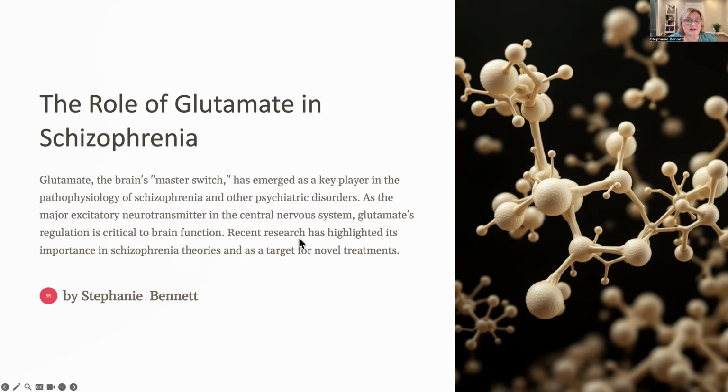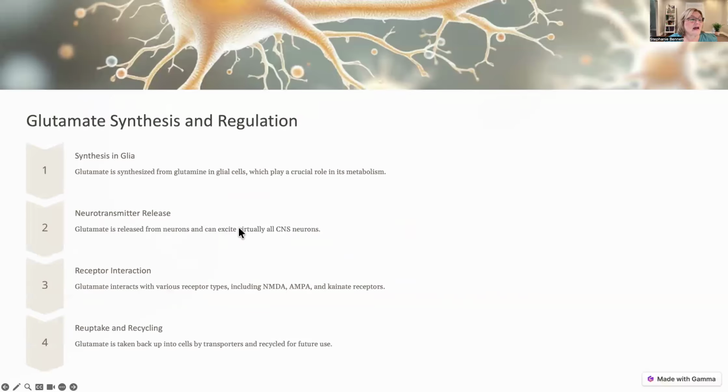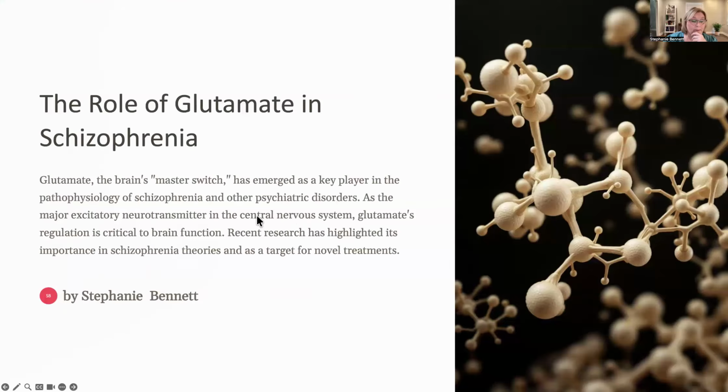So there's been a lot of recent research looking into glutamate as a possible player here. Glutamate is synthesized from glutamine in the glial cells, and these do play a role in our metabolism. It's released from neurons and can excite virtually everything in the central nervous system. It interacts with various receptors, including NMDA, AMPA, and several others. Glutamate is taken back up into cells by transporters and then recycled for future use.